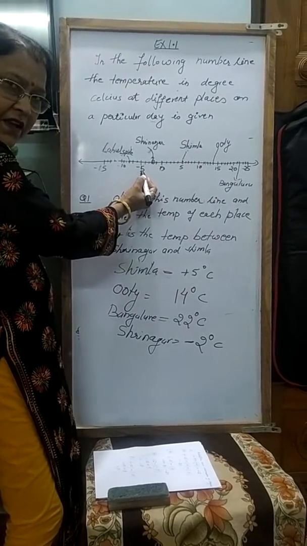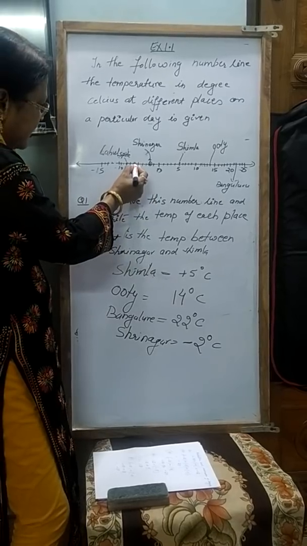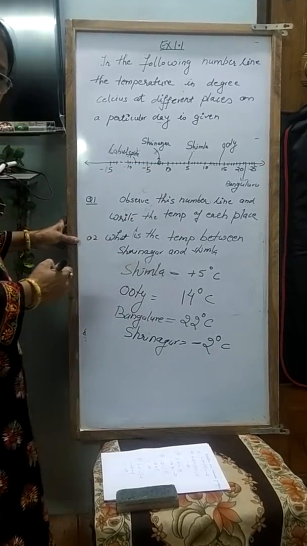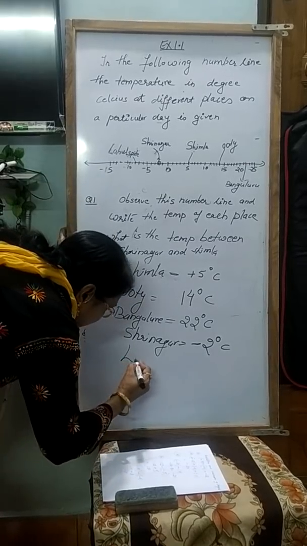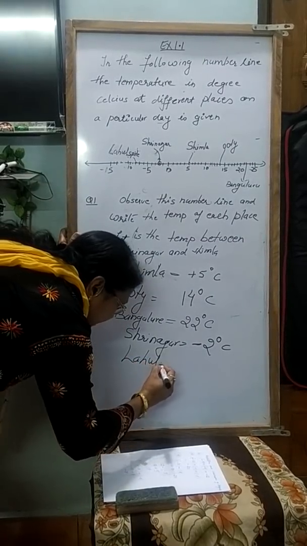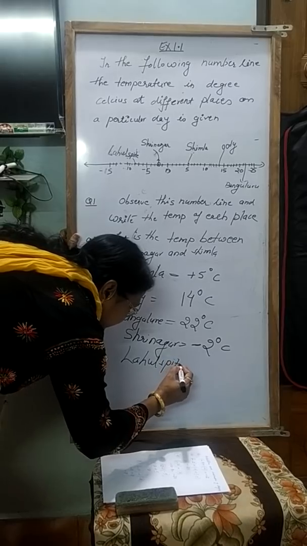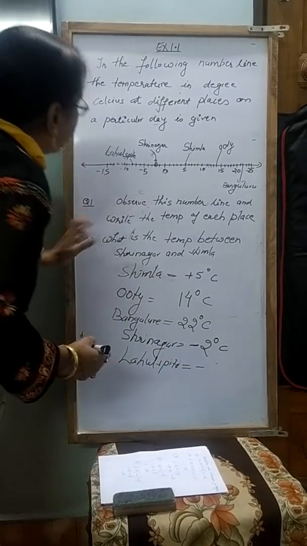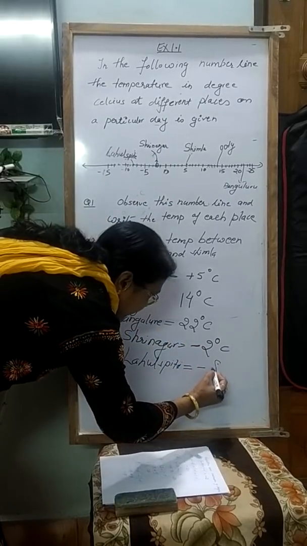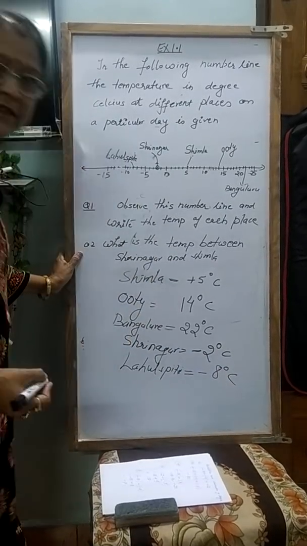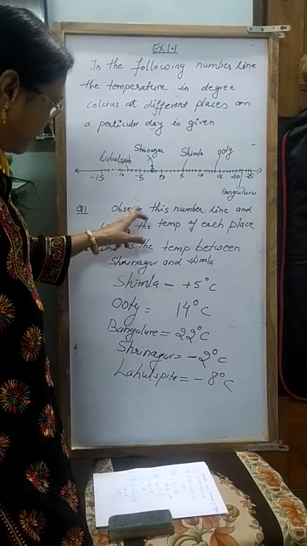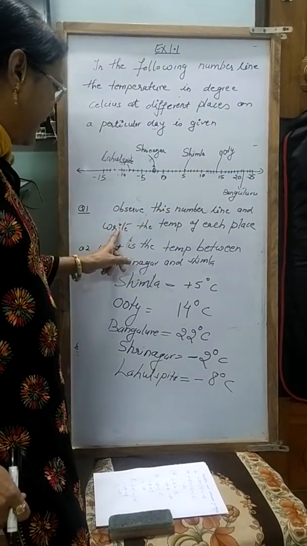This is -5, then -6, -7 and -8. Then this is Lahaul Spiti. The temperature is -8 degrees Celsius.